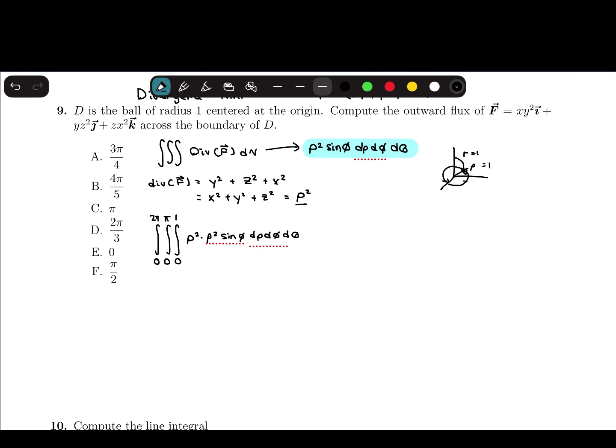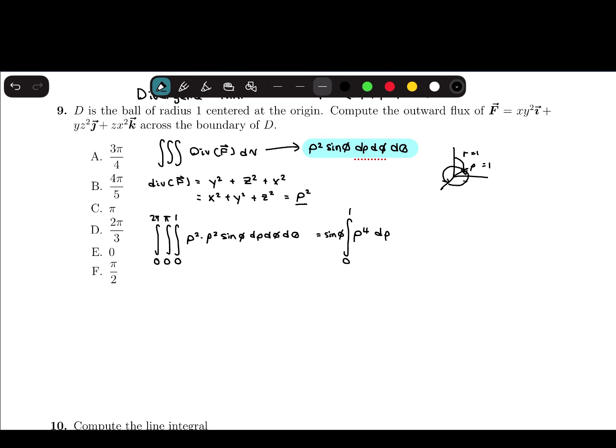Okay, so now we have this very long triple integral, but we can do it. So let's integrate with respect to rho first. We get rho to the 4th from 0 to 1. I'm going to take sine phi out first because it doesn't really have any part in this.